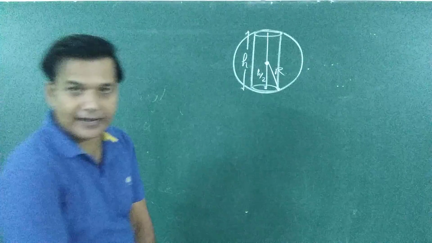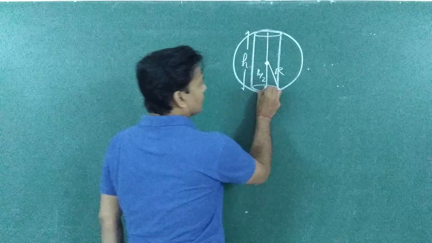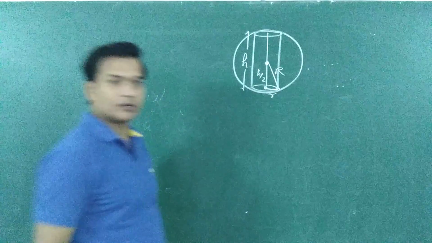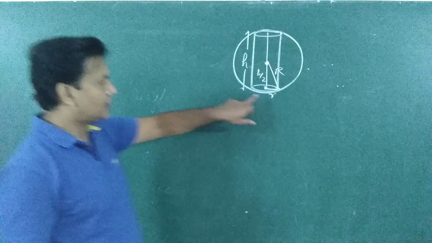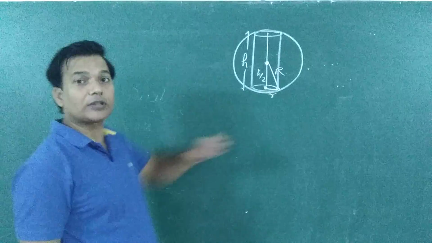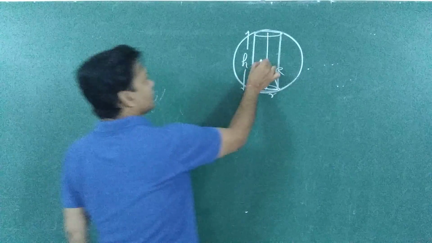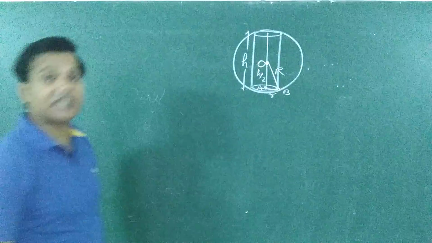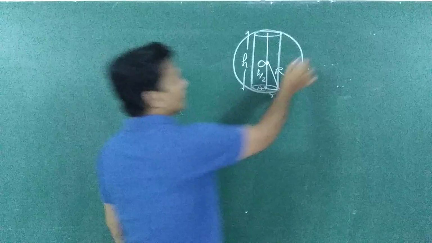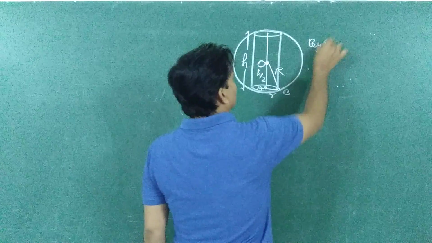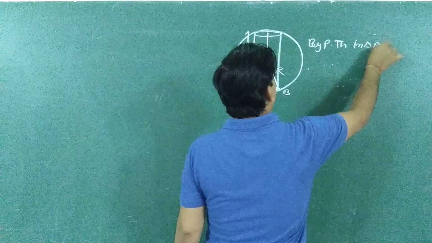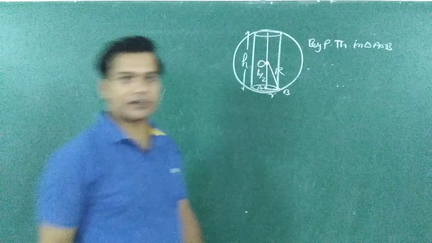Now we have to find out the radius of the cylinder, that is small r. For that, in triangle AOB using Pythagoras theorem, what do we get here?